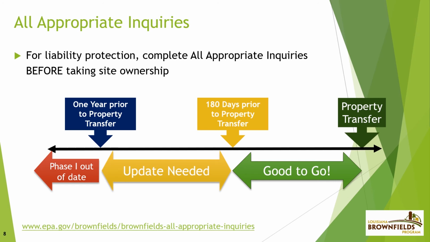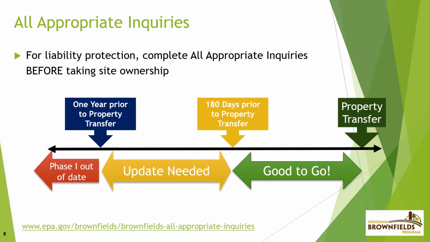So in order to be valid for liability protection, the Phase 1 needs to be completed prior to taking ownership of a site. So you're documenting what was there before you took ownership, or in the case of a funder, provided funding to the project. The Phase 1 report is only valid for 1 year, after which you need a new report.